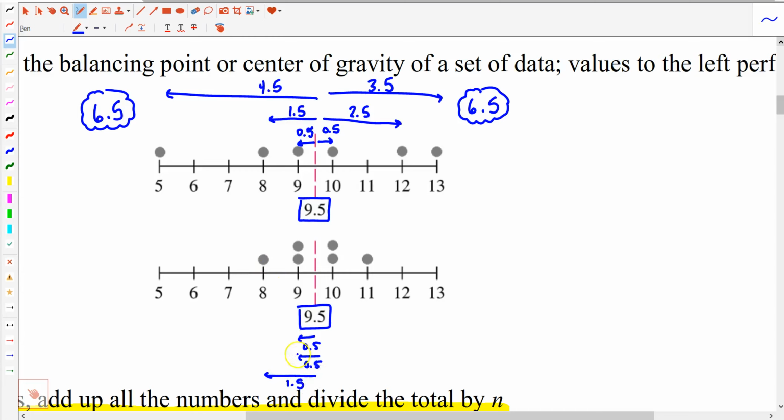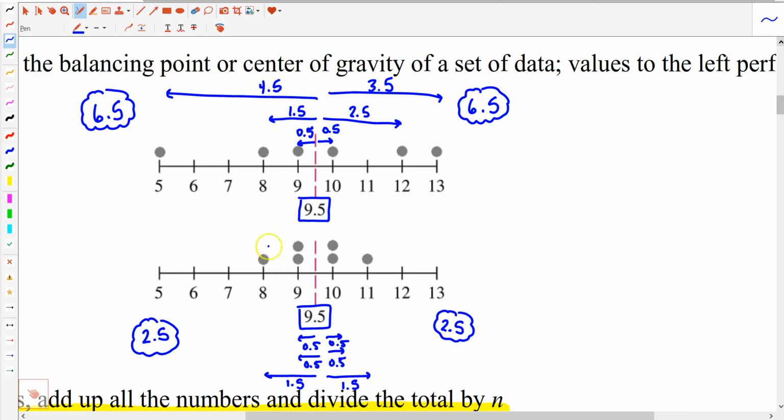So cumulatively on this side, it has a pull of 2.5. Going over here, these two values have a pull of 0.5 to the right. And this value over here has a pull of 1.5 to the right. So cumulatively on this side, it has a pull of 2.5 to the right.